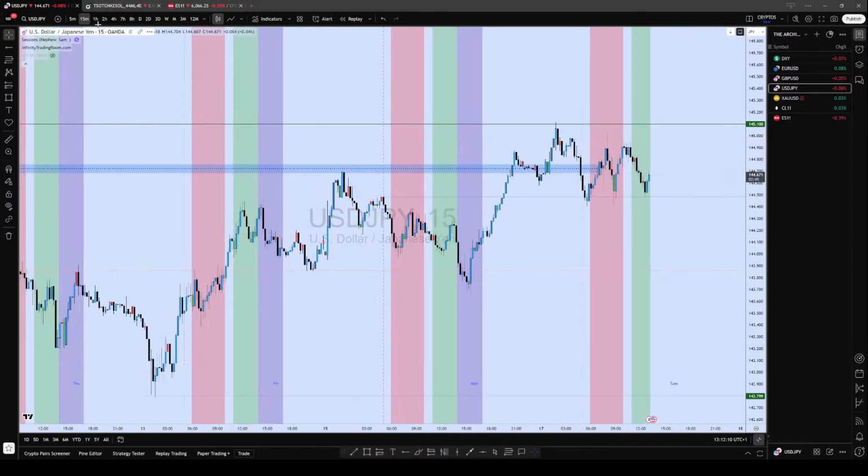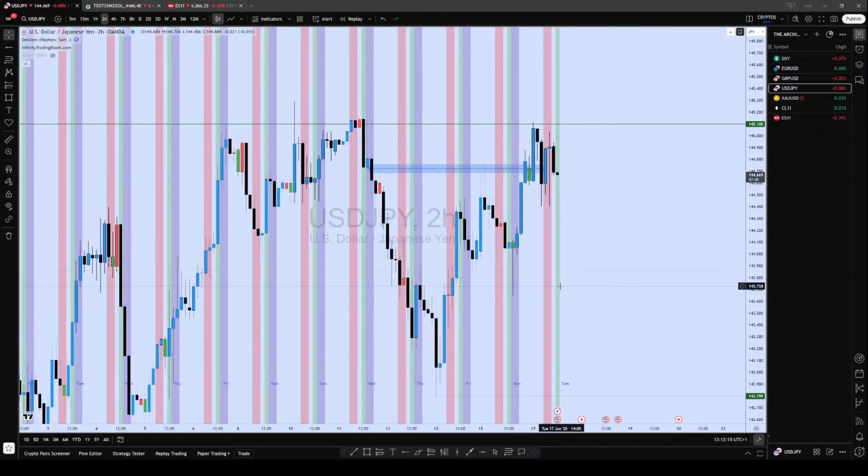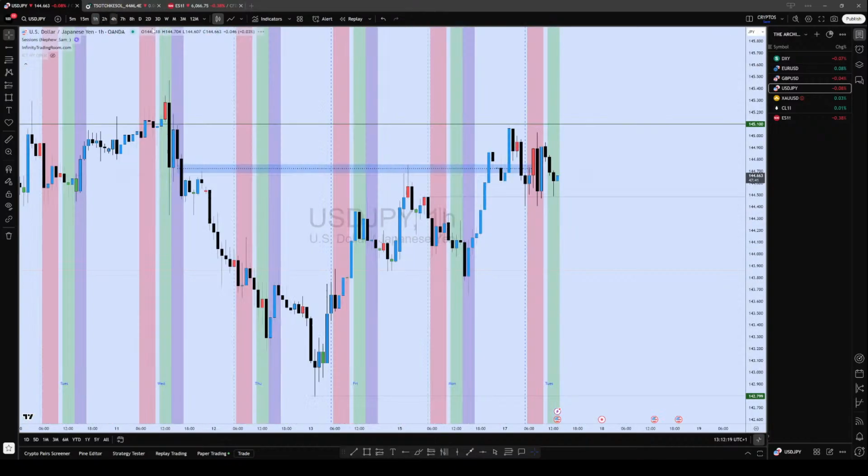So I would wait for either the New York session to expand down and give me a fair value gap, and then I'll trade that. Or we go up, take out this high again, and then reject aggressively.